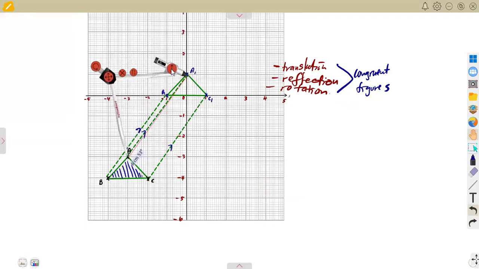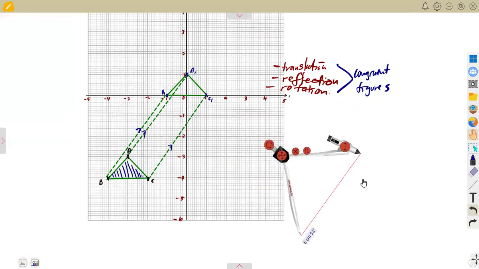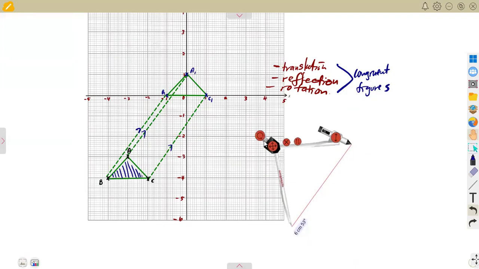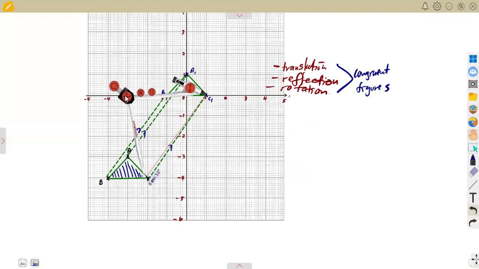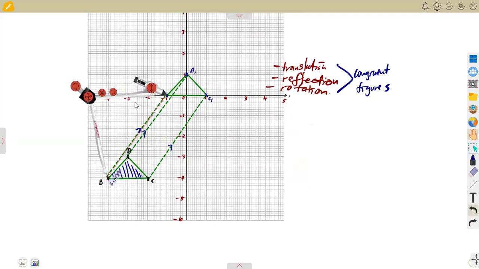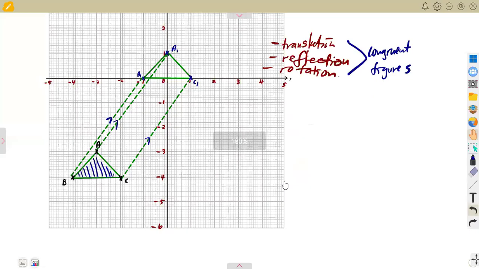This is the distance that I'm having from A to A1. You see, this distance must be the same throughout. So if I put this through C and C1, look, C to C1 is the same. B to B1, here, this is our B and B1, it's the same. So it's the same distance, meaning to say these parallel lines are of equal length.